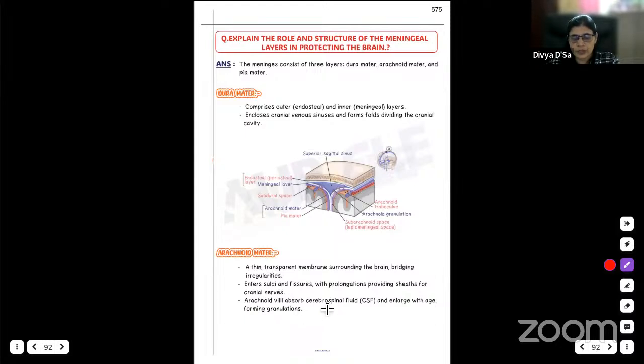From this arachnoid mater, there are arachnoid villi, which project into the venous sinuses and drain the excess CSF, absorbing it. When these arachnoid villi enlarge, we call them granulations. As age advances, they enlarge and form arachnoid granulations.